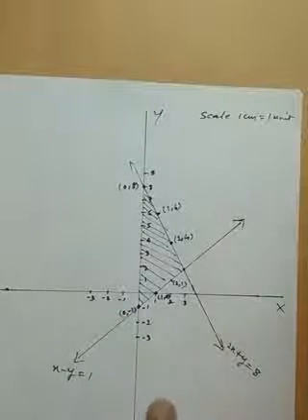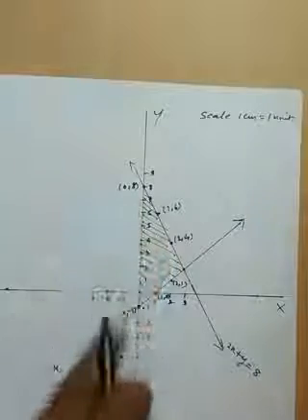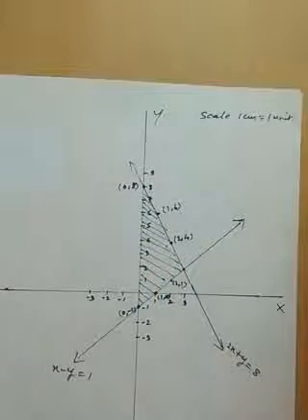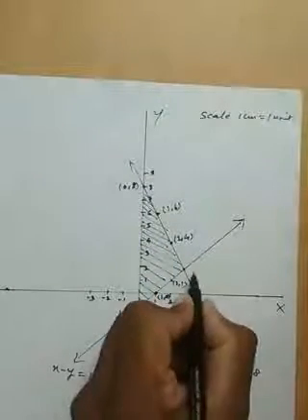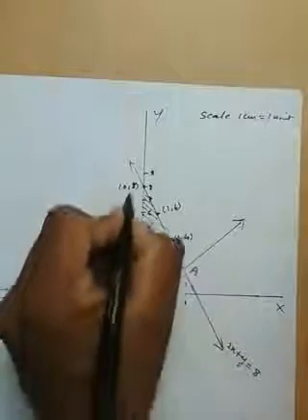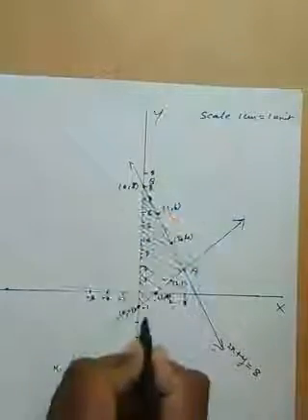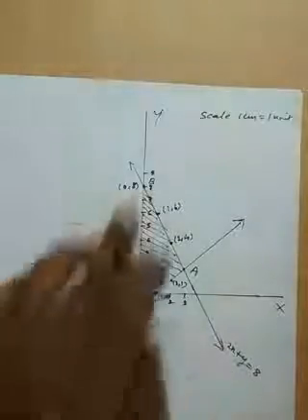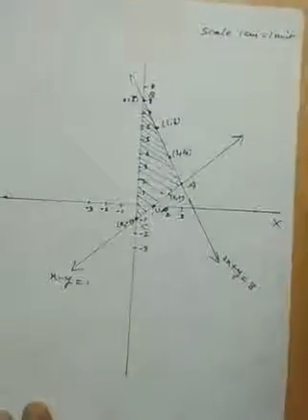And also determine this area. This shaded part is a triangle, and we can name it A, B and C. So ABC is the triangle, and determine its area.